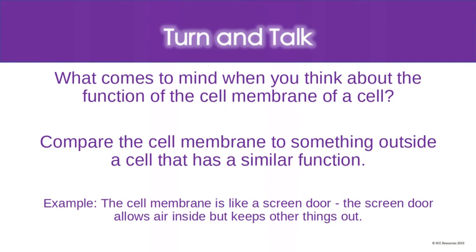A screen door or a screen on your window allows air to come in and out, but it keeps bugs outside. So a screen door might allow the breeze to come through the room, but it's not going to allow the flies to come into the room, which is very similar to the cell membrane.